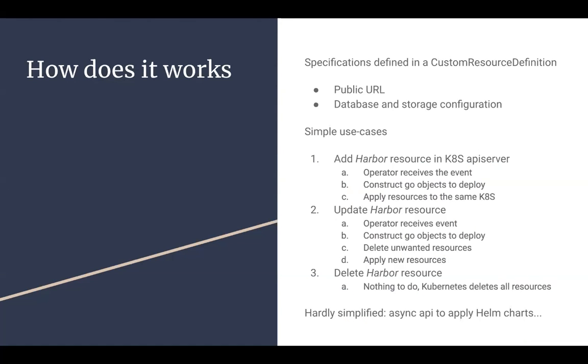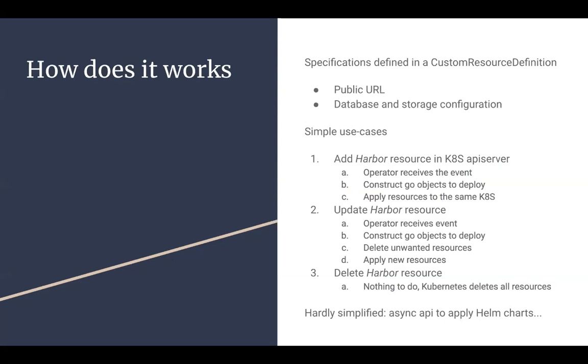So how does it work? We have a custom resource definition. Maybe all of you know what it is. In that custom resource definition, we have a few specifications like public URL, database, and storage configuration.